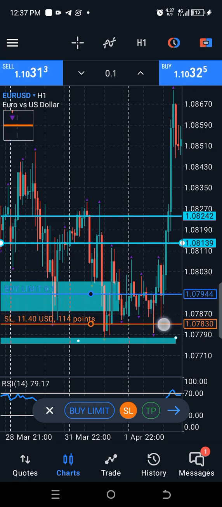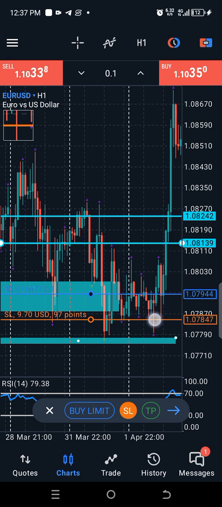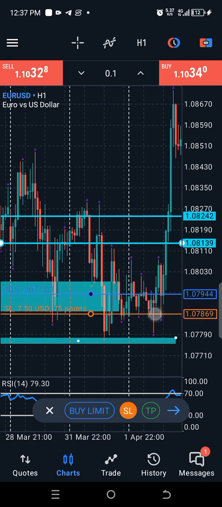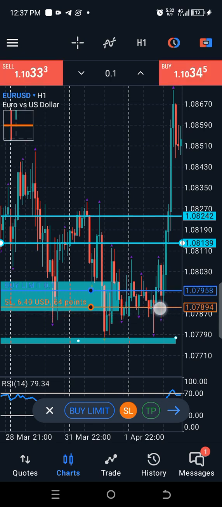Okay, yeah. So now you can see price wicked. I consider two things. I would either consider if price moves to that point, it wicks me out, or the close of the candle as price is hitting that point. As you can see, these candles did not close where my stop loss is, right? They just came and wicked.